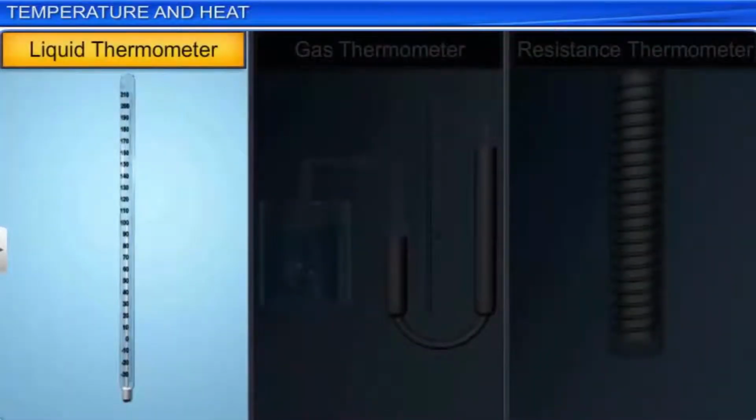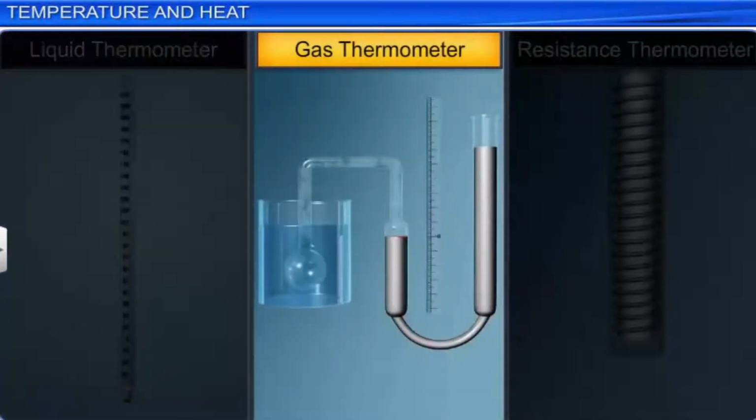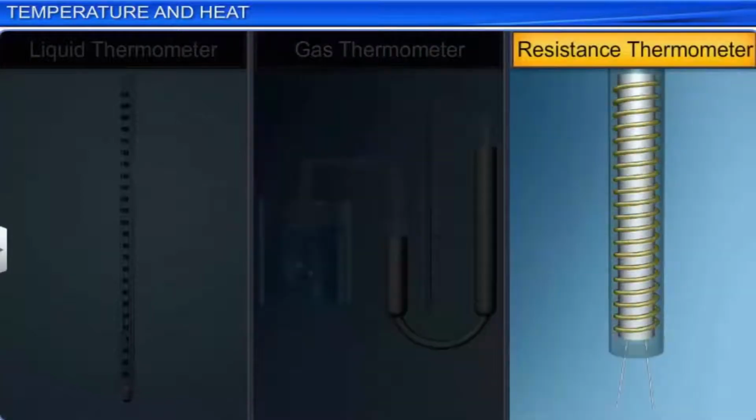In case of a liquid thermometer, the length of the mercury column changes linearly with the change in temperature. Pressure of the gas in a constant volume gas thermometer and resistance of a platinum wire used in resistance thermometer change linearly with the change in temperature.